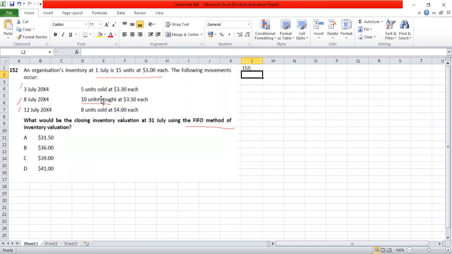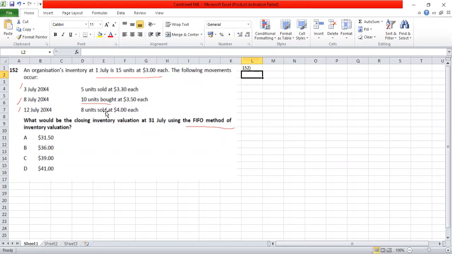Then again another 10 units are bought. So on hand, they have 20 units, but at different rates. The first one, we have it as 10 at the rate of 3. The second 10 is at the rate of 3.5. Then when this 12th July transaction of 8 units are sold, now this is at $4 each.